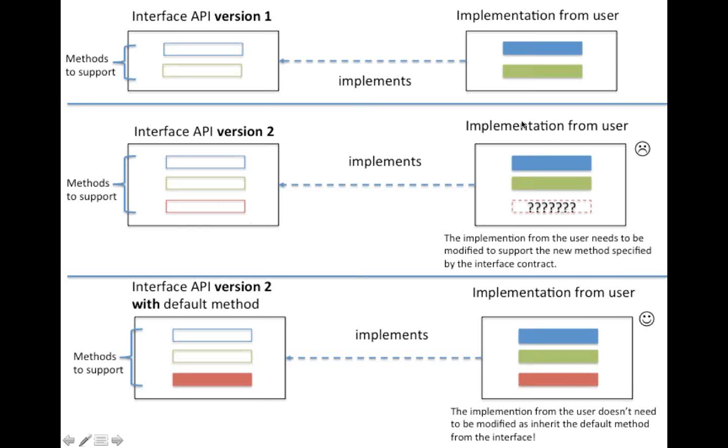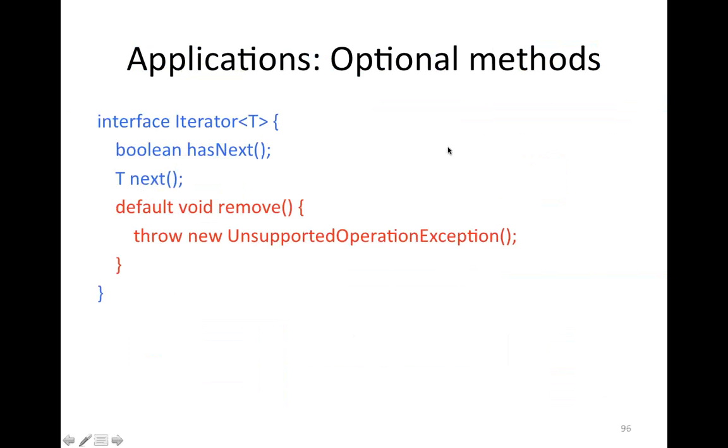However, this is problematic for all your implementers because they now need to provide an implementation for it. The contract of the interface does not hold anymore. So what you can do is push the implementation directly into the interface, and now your users can inherit from it. Users don't have to modify their classes to implement this new method. They will get it automatically from the interface.